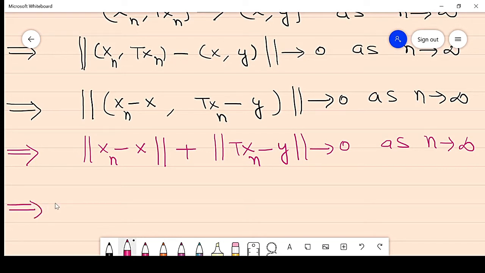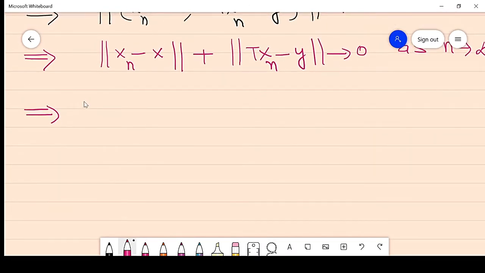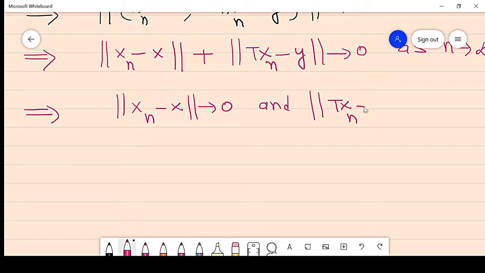Again it implies, if the sum of two positive terms is equal to 0, then each term is 0. So it implies the norm of xn minus x approaches 0 and the norm of Txn minus y approaches 0 as n approaches infinity.